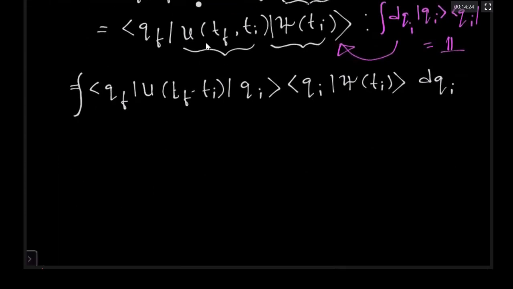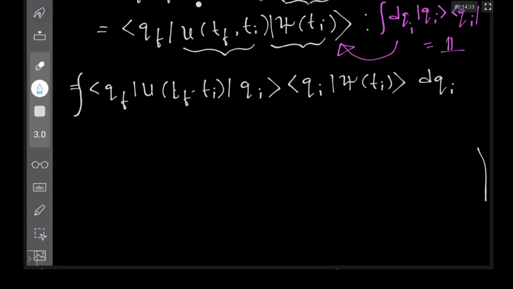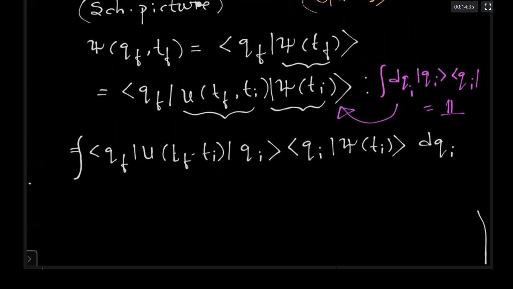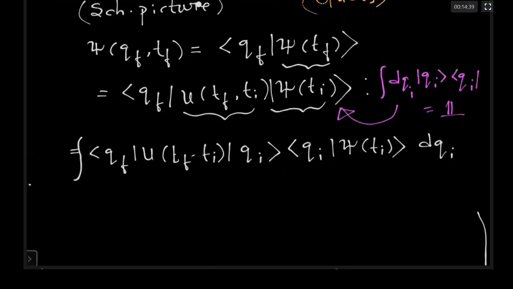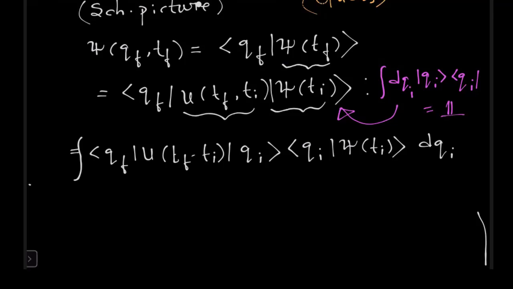Sir, here in your last equation, you introduce u of tf comma ti, which contains the exponential to the power tf minus ti. Yes, but here you introduce tf minus ti, right?